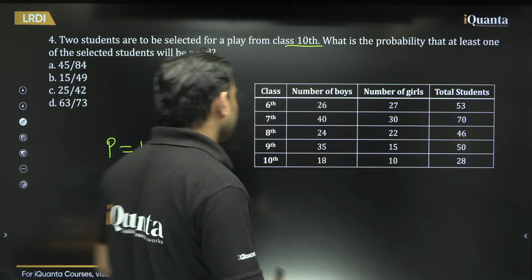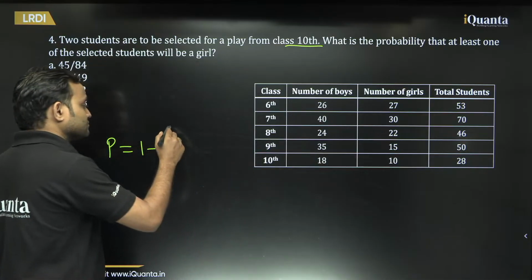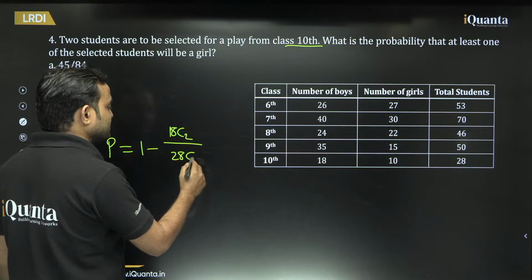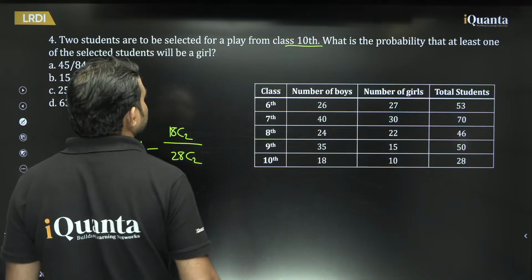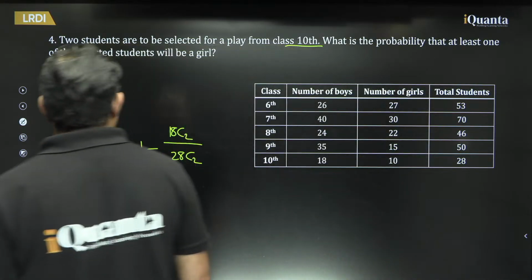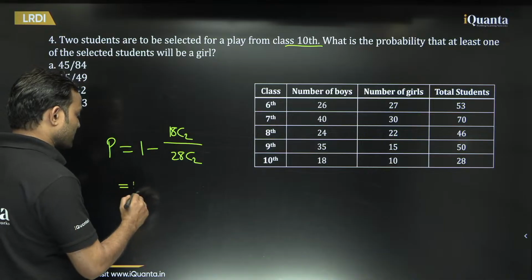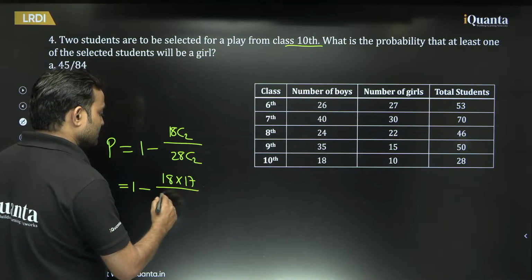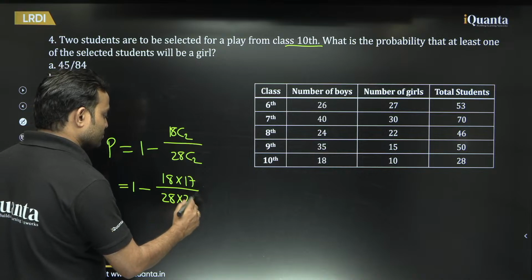If I want to select two boys, it will be 18C2 divided by 28C2. So this will be 1 minus 18 into 17 divided by 28 into 27.